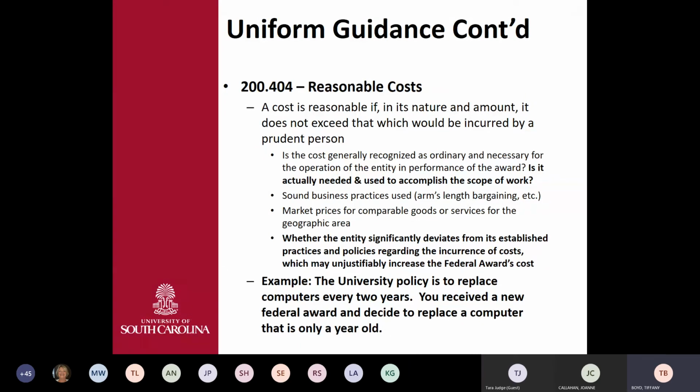So is it actually needed and used to complete or accomplish that scope of work? Are sound business practices being used? Are you using arm's length bargaining? Making sure you're getting multiple quotes or things of that nature, and you're not overpaying for something because you know this person.